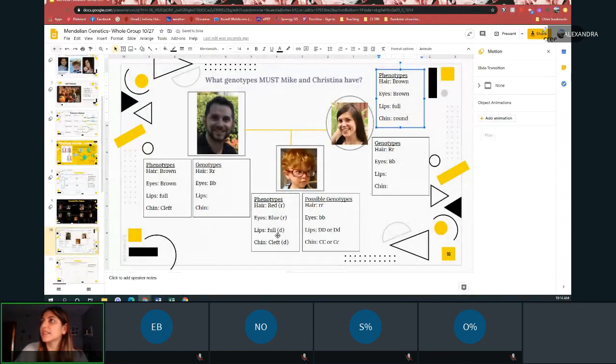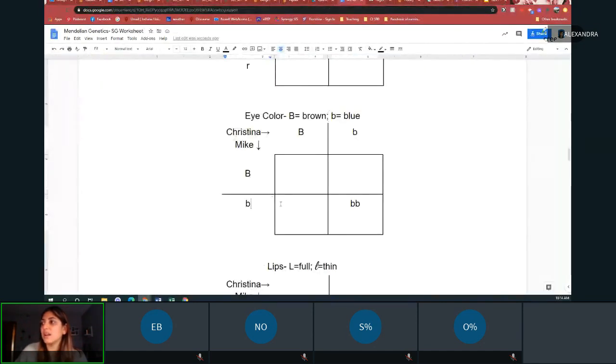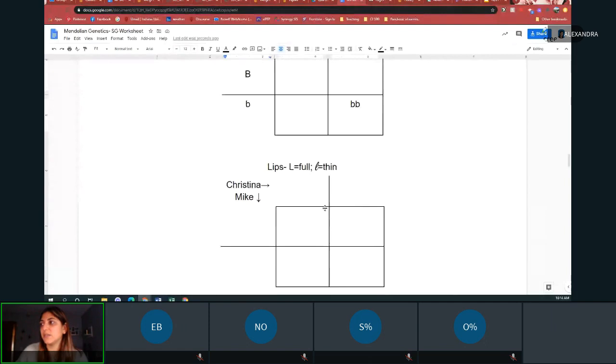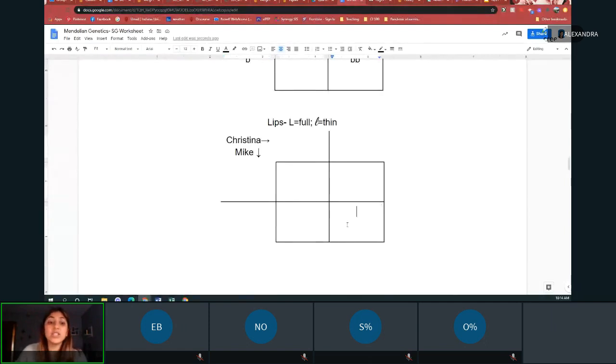So let's go back to our squares on our worksheets. So why don't you guys go ahead and work on, well, let's do this one together. I lied because it's difficult. So the thing is, we don't know whether or not Luke is homozygous dominant, or if he's heterozygous. So we're going to fill that in for both.